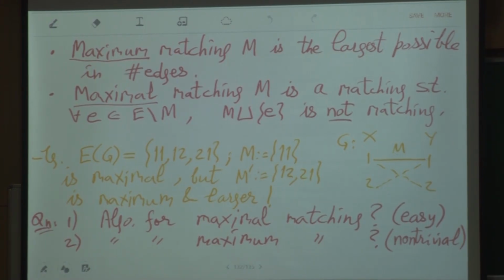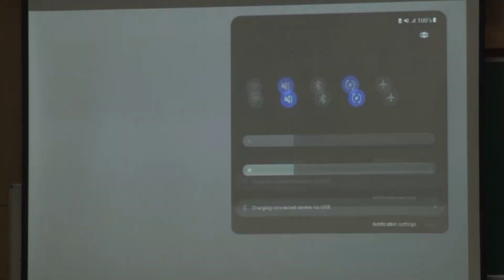Now what we want to study is when does it happen that a maximal matching is smaller than maximum. So this question will fortunately have a very detailed answer, because of which algorithms are possible to find maximum matching.